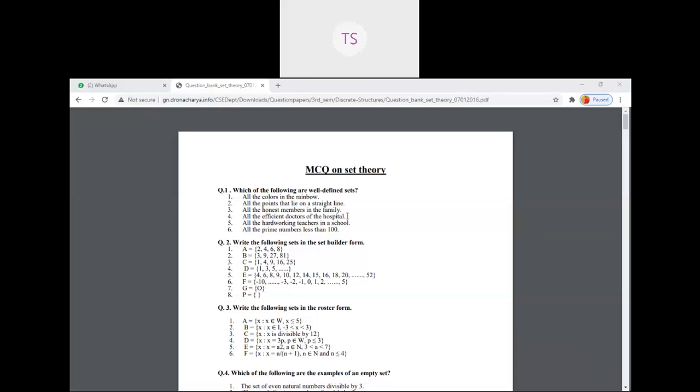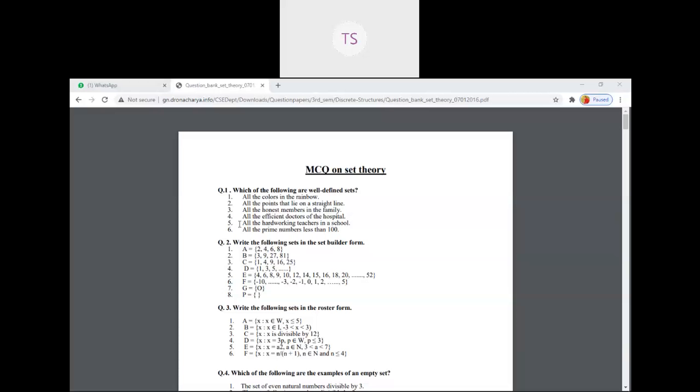No, ma'am, because again the word efficient is a relative word, it is not a well defined word. So that's why the fourth option is again not a set, because it is not well defined.